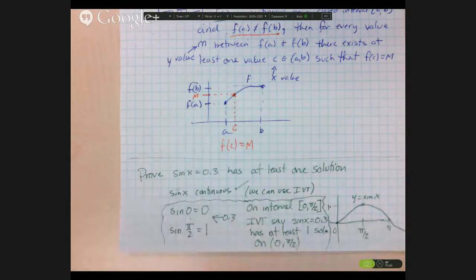Yeah, you do need to write this out. And you have to show that that value is between those two. We don't need to know what the x value is. Do you have the ability to find it for this one? Yeah, you do. But there are some more complicated ones that you won't be able to, that you just need to be able to say it exists.